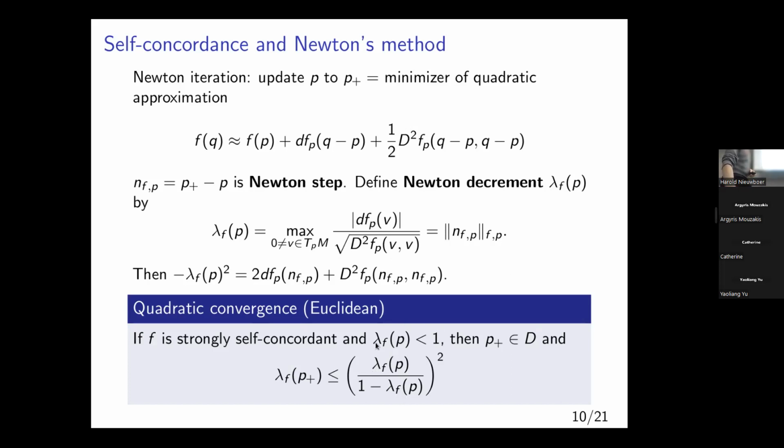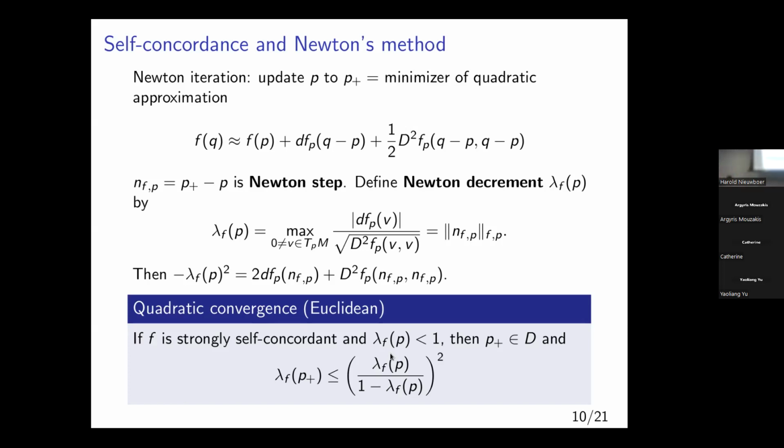If you assume that this is at most 1/2 or something, then you can think of this as like 4 lambda squared. Did I get 4 right? I think I got 4 right.